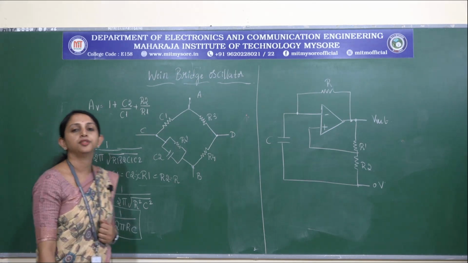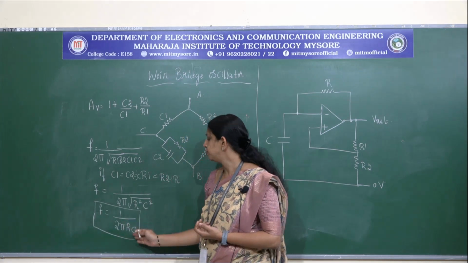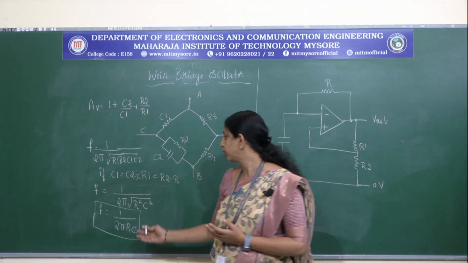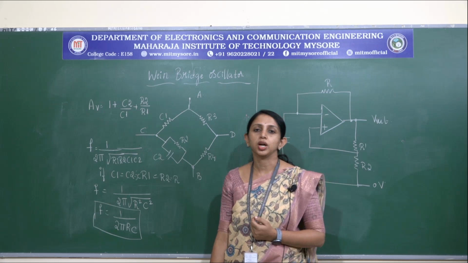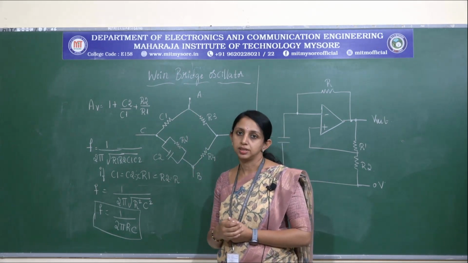So this is the frequency of the Wien bridge oscillator, and by taking simple values for R and C, you can easily calculate a frequency, which is one of the basic problems that can be asked based on the Wien bridge oscillator.